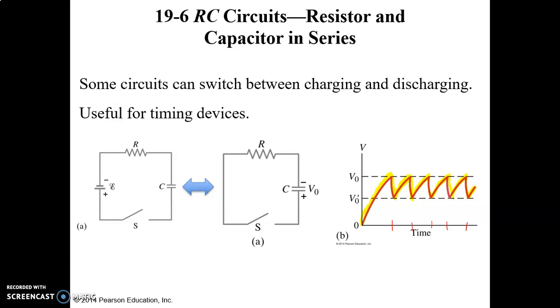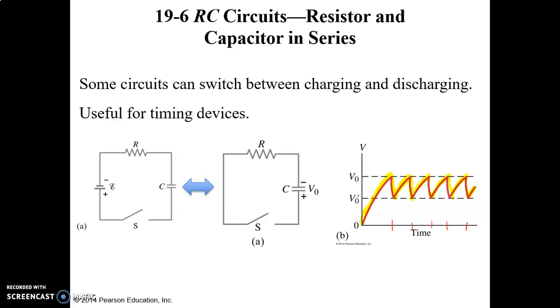Then once it's discharged enough, the switch flips, the capacitor charges again. Hit that maximum voltage, it switches again, induces a current into the heart, causing the heart to pump. And so you end up with a very steady beating heart.